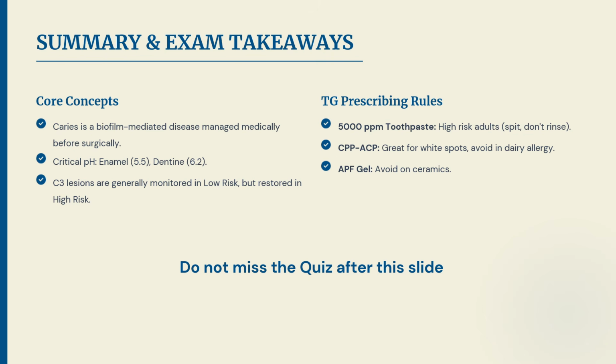Now, summarizing the information of what we went through. Caries is a biofilm mediated disease managed medically before surgically. Enamel critical pH is 5.5 and dentin is 6.2. C3 lesions are generally monitored in low risk but restored in high risk patients. And then the prescribing rules of toothpaste, CPP-ACP.